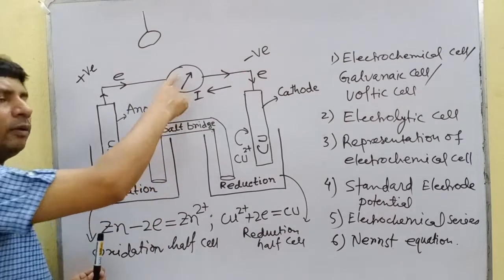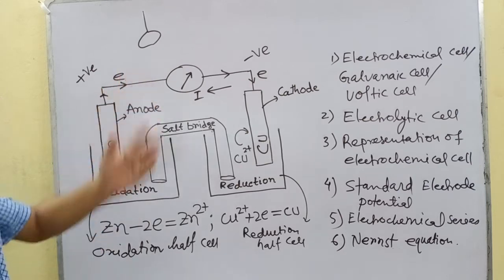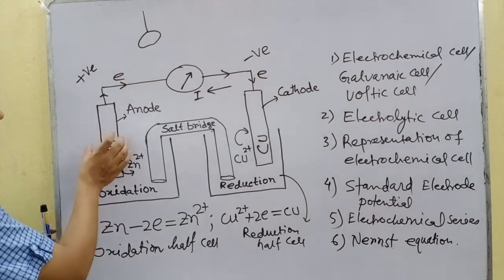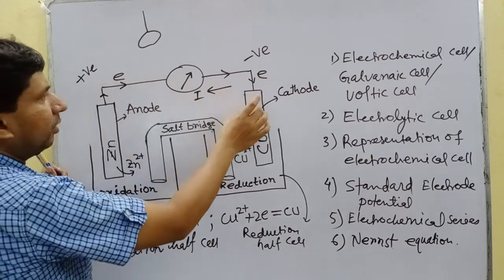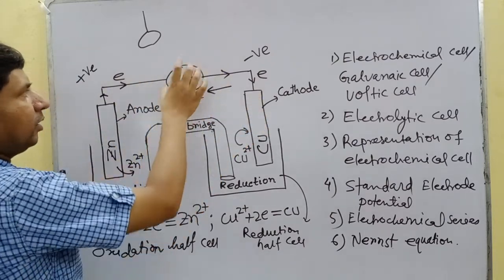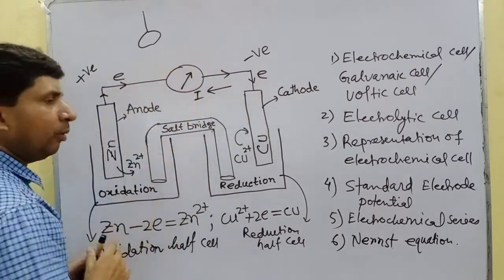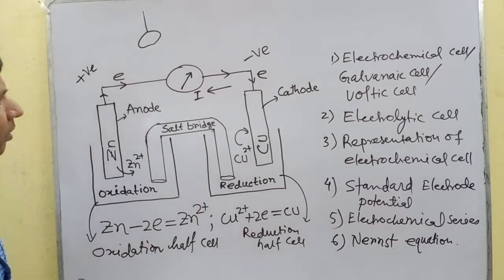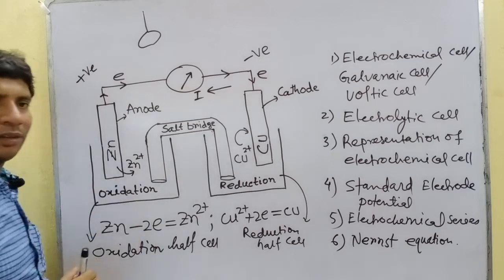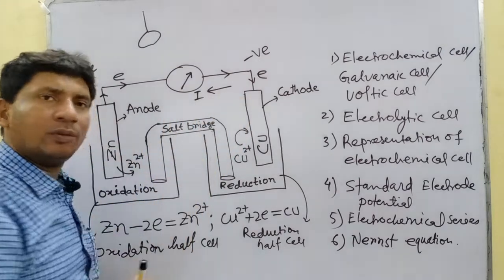and there is a galvanometer. Why it is galvanometer? We just connect these two electrodes by a wire, and there is a galvanometer to measure the potential difference between these two electrodes.